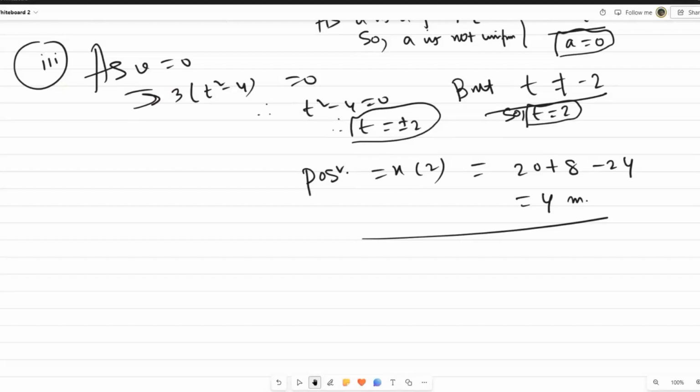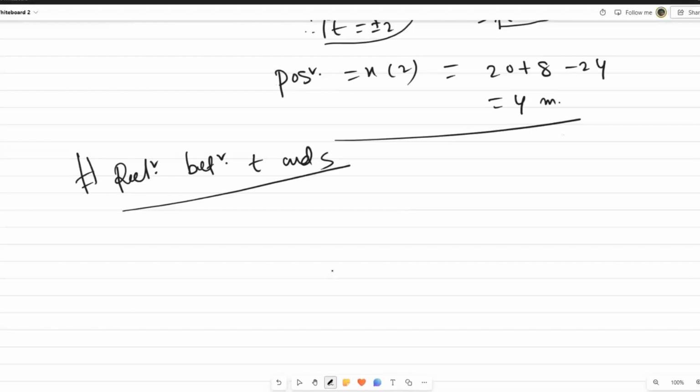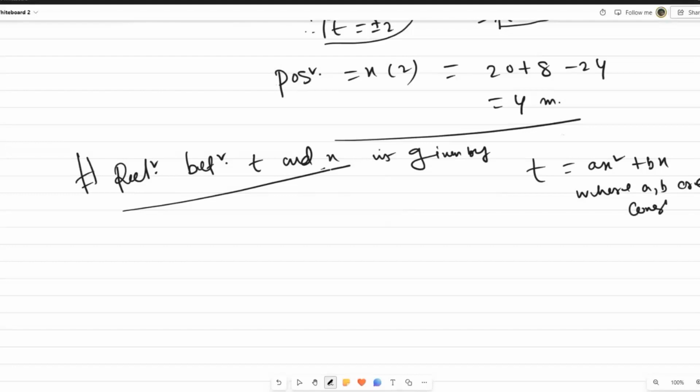So let us do a relation between time t and displacement. Relation between t and displacement x is given by t equal to ax square plus bx, where a, b are constants.